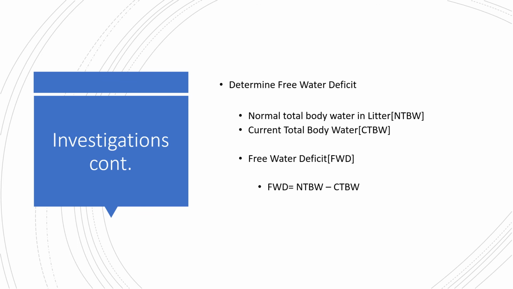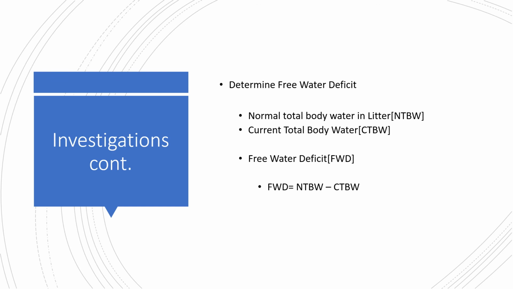Still on investigations, we will move a step further to determine free water deficit. We will first get normal total body water in liters, and then know what the current total body water in liters is.